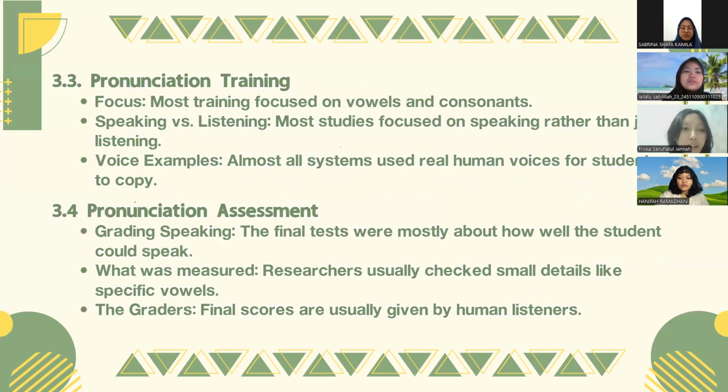Moving on to how the training and testing actually work. In terms of pronunciation training, the main priority for most studies was teaching vowels and consonants. The focus was heavily on speaking rather than just passive listening. Almost all systems provided real human voices as examples for students to copy, which is more effective than computer-generated speech.